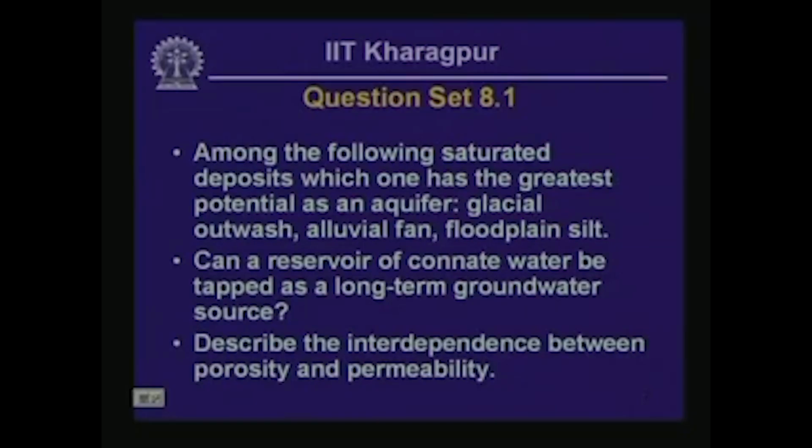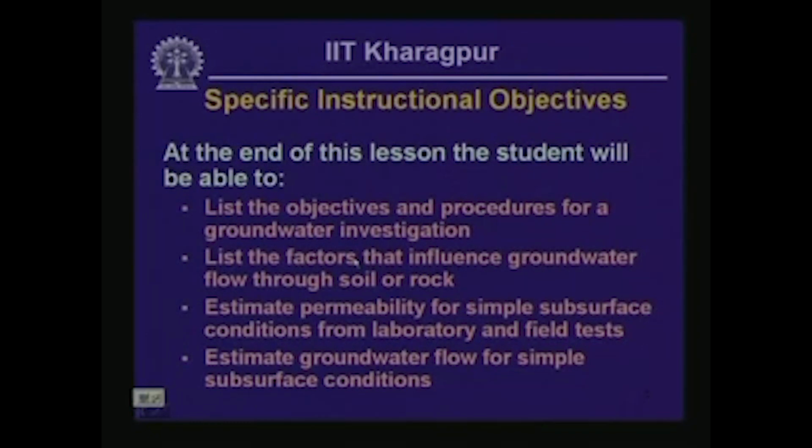So what we need is a larger porosity matrix, but that is not the only fact you need to look at while selecting a potential groundwater aquifer. You also need to look at the grain size distribution of the formation, and ensure that the pore spaces are relatively interconnected. Okay, so that takes care of the question set of the previous lesson.